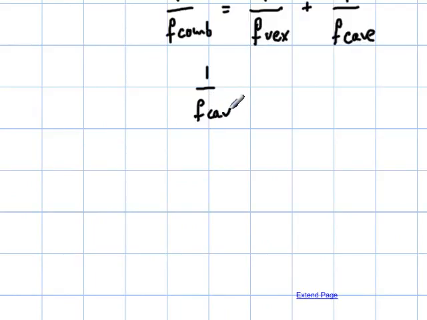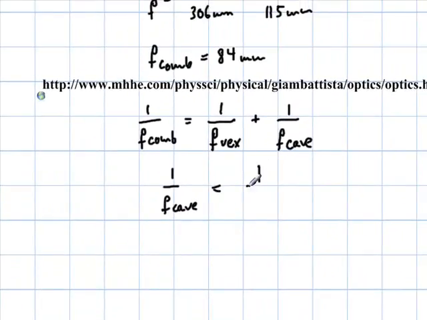So 1/focal length of the concave lens equals this, and now I need to get 1/focal length on the other side of the convex lens, so I get that.